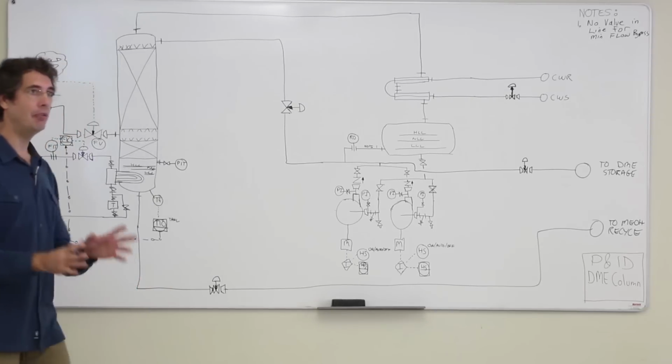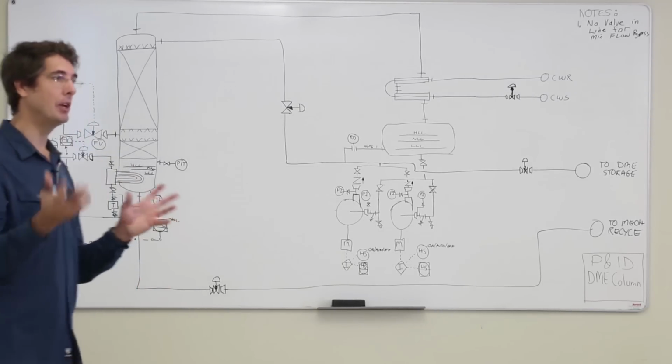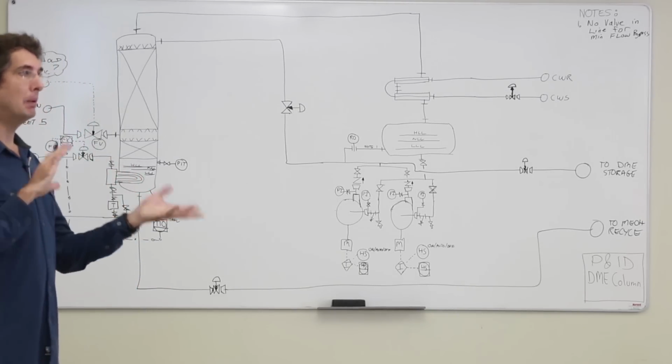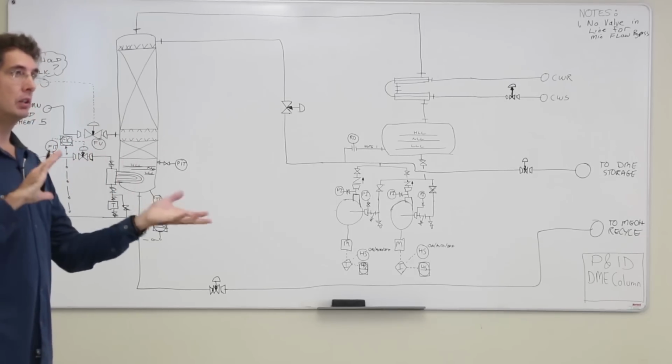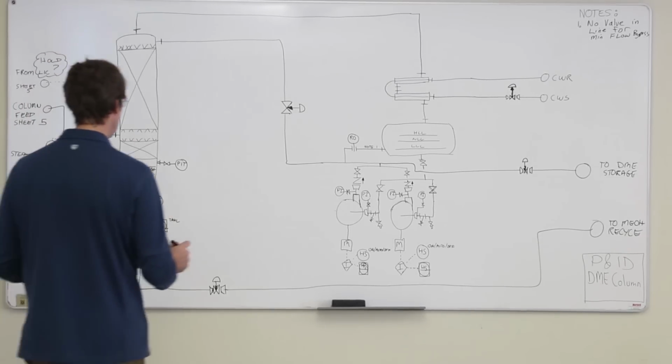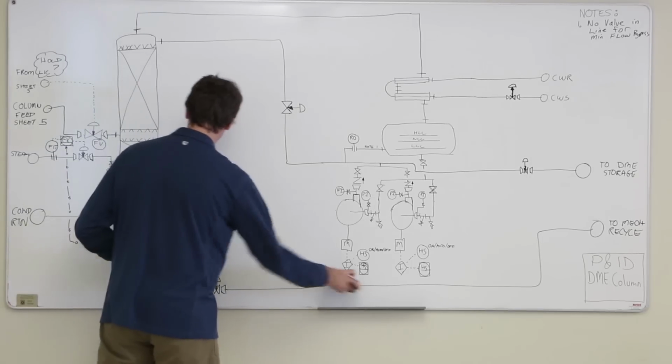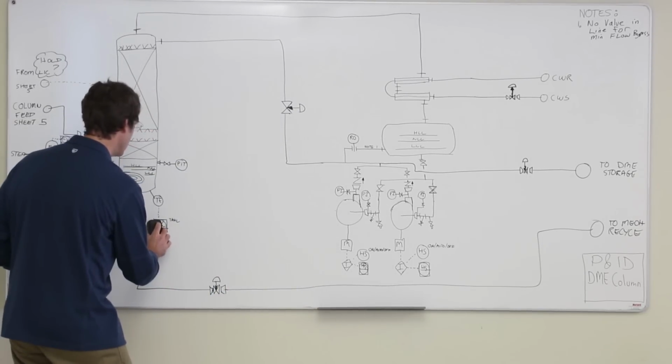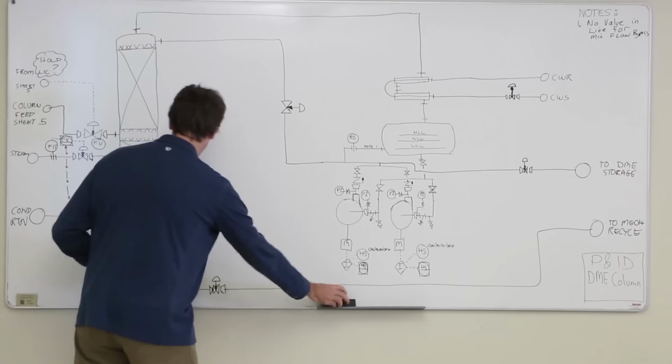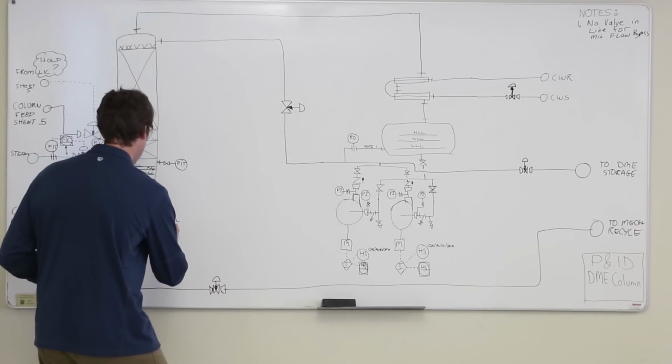Now we're measuring the temperature and the pressure, and we can create a bubble point curve in the software. So we can actually then control composition. If we're going to do that, we're going to call this a composition controller. That's an XIC.